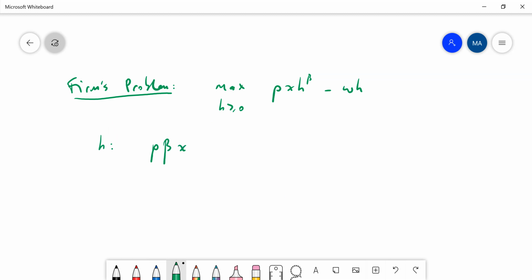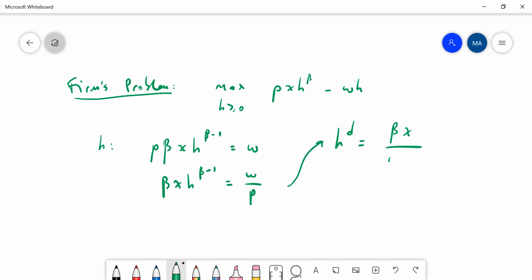P beta x h to the beta minus 1 must be equal to wage, all right? In other words, marginal productivity of labor must be equal to the real wage, okay? So from this, you can solve labor demand, okay? So it looks like beta x divided by the real wage, to the power 1 over 1 minus beta. If you do the math, you're gonna find this result.